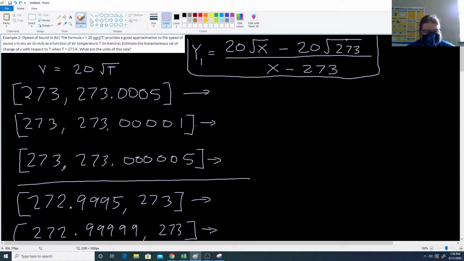So let me clear out what I had there and put in 20 square root of x minus 20 square root of 273, all divided by, making sure you get that all in parentheses, x minus 273. Now I'm going to go over to my table and type in my numbers.